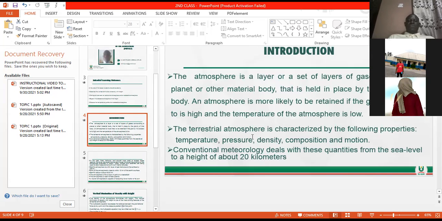The terrestrial atmosphere is characterized by the following properties: temperature, pressure, density, composition, and motion. I stopped here. Conventional meteorology deals with these quantities from sea level, or ground level, to a height of about 20 kilometers.